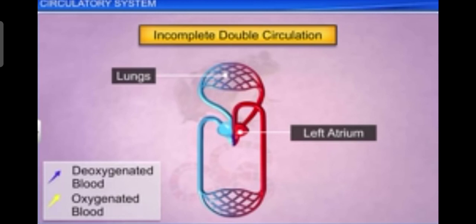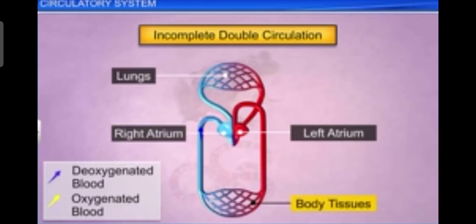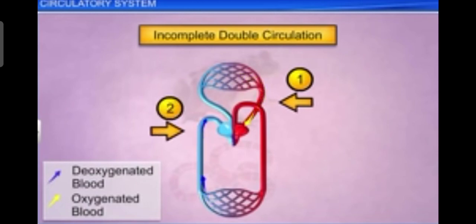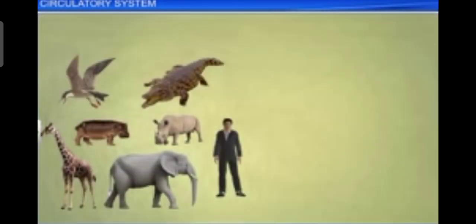However, they get mixed up in the single ventricle which pumps out mixed blood. So this is incomplete double circulation. In diagrams you can see this three-chambered heart which possesses the incomplete double circulation. There is only one ventricle but there are two atria, left and right.